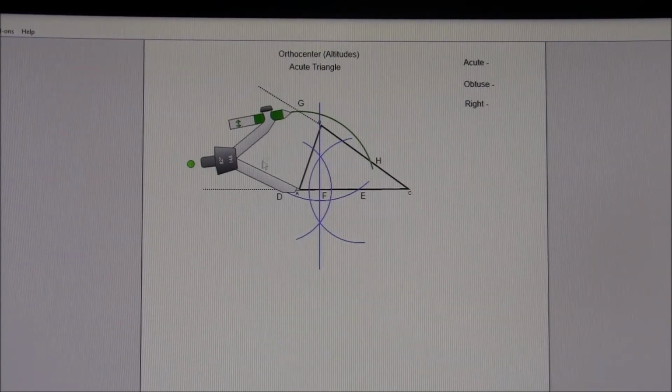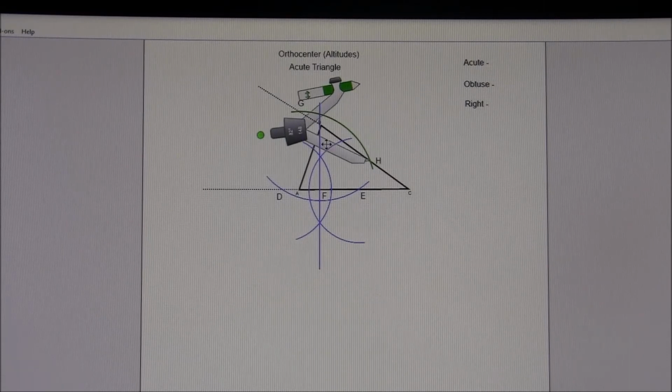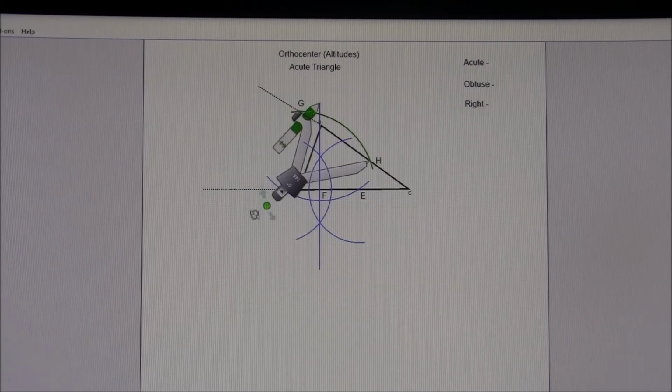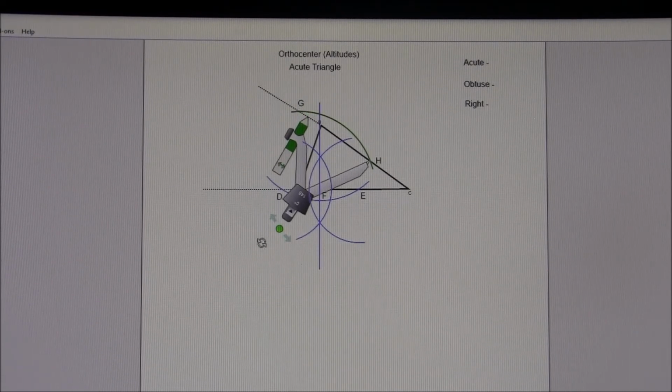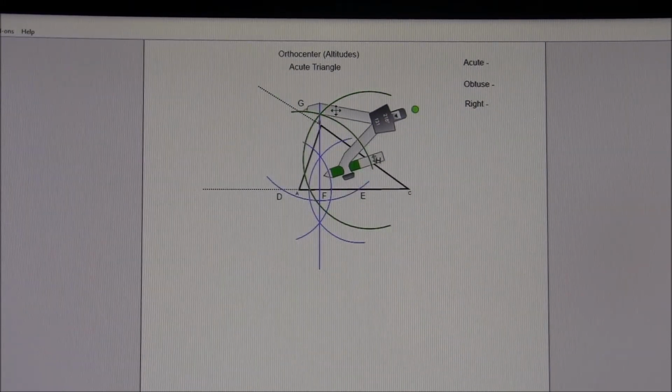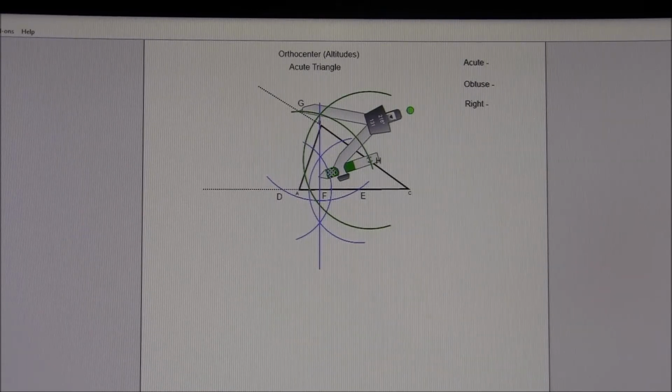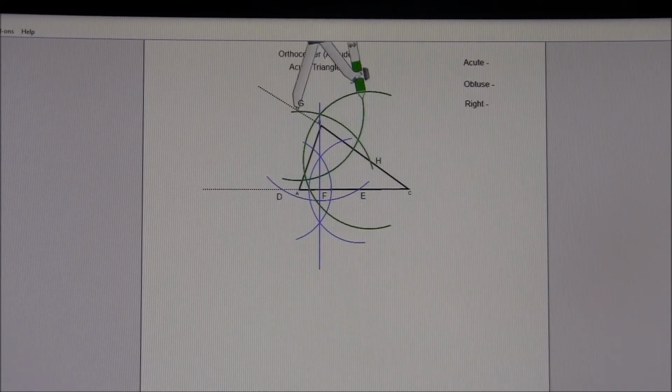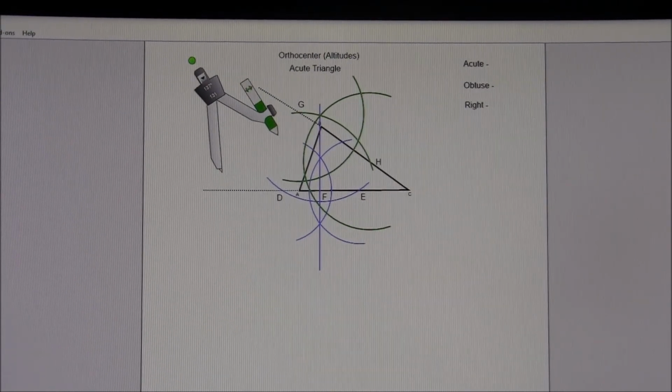Okay. So here we go again. That's this. So the good thing is when you have color is that you know where to look.